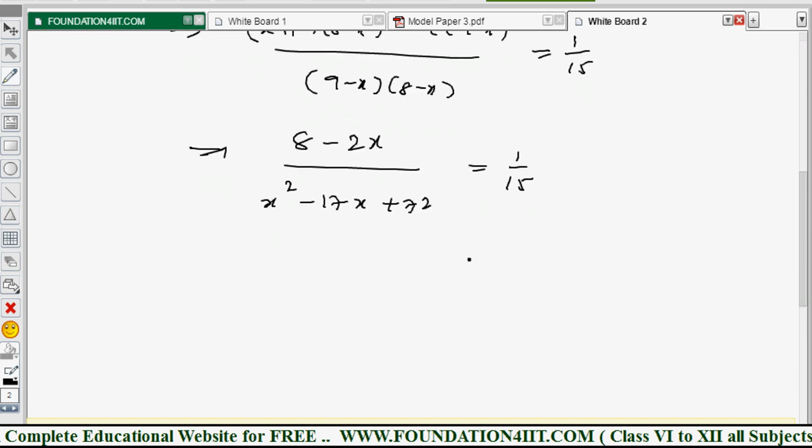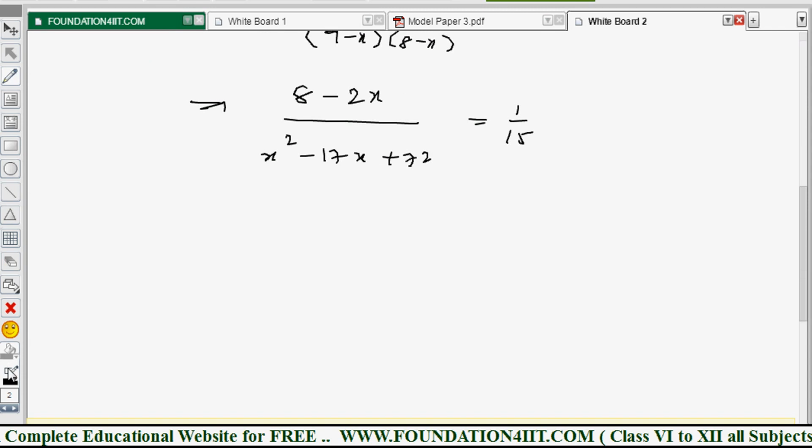Again do cross multiplication of both. By cross multiplying and simplifying, x square plus 13x minus 48 is equal to 0. Take all the terms to one side.